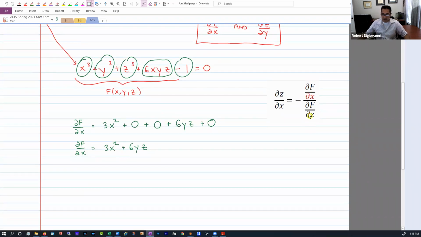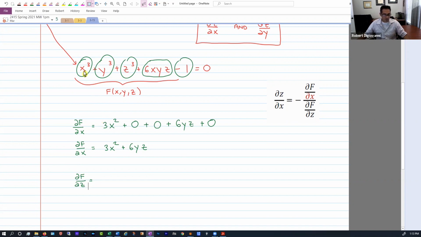Now we do the same thing, but we do the partial of f with respect to z. You want to follow the same ideas. We treat the other two variables like constants, and we see what happens with the function f as z is our variable and x and y are held.